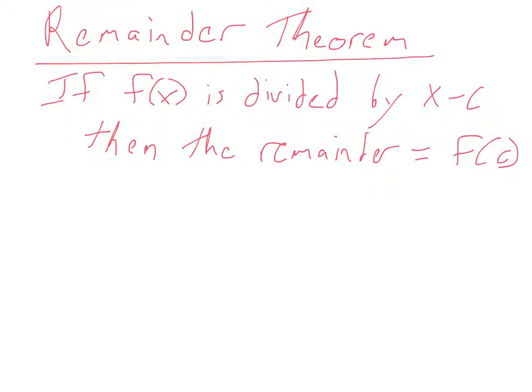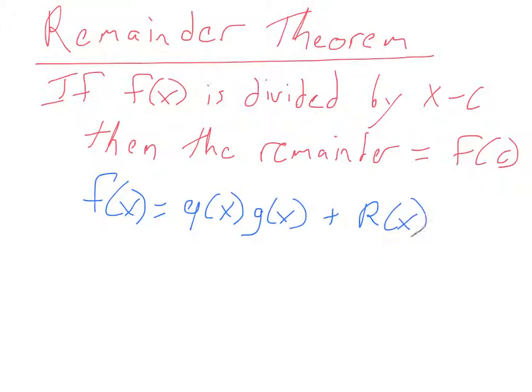And we can prove this pretty easily. First, let's go back to the second part of our division algorithm, which says that f of x equals q of x times g of x, which is the divisor, plus the remainder. If we're dividing my polynomial by x minus c, then x minus c is called the divisor.